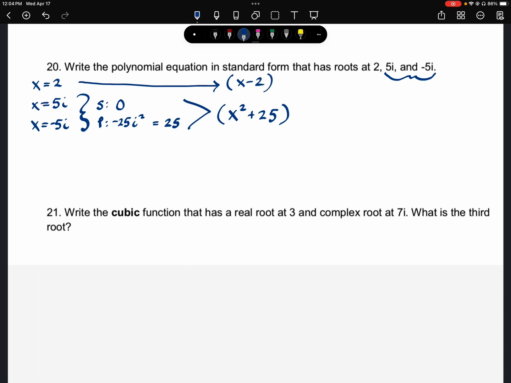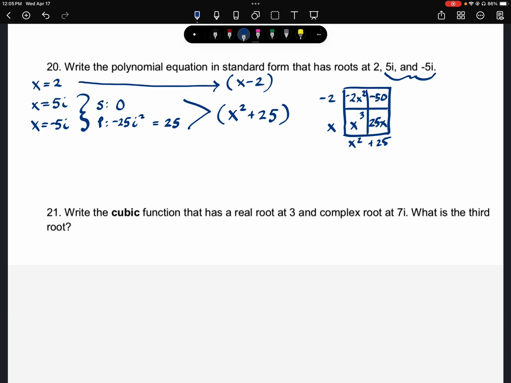And now I'm going to take these 2 factors and multiply them together. I'm just going to use an area model. Got x squared plus 25, and I've got x minus 2, so this would be an x to the third, minus 2x squared. This would be a 25x, and this would be a negative 50.